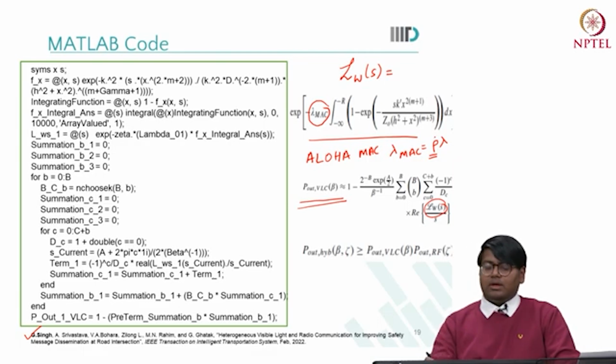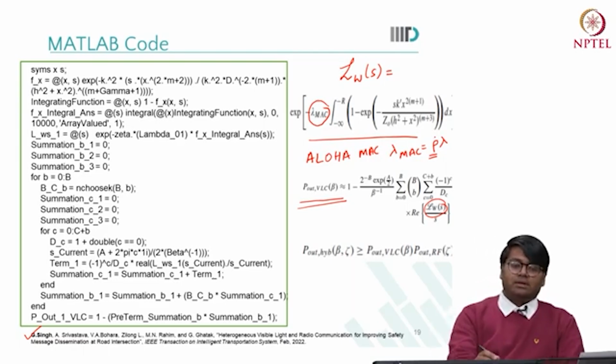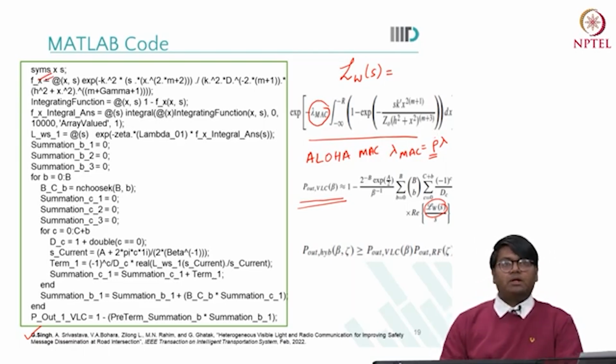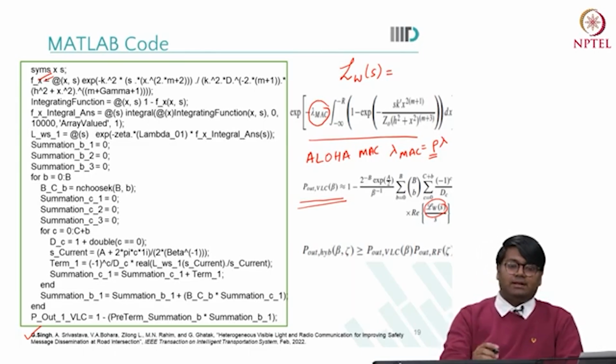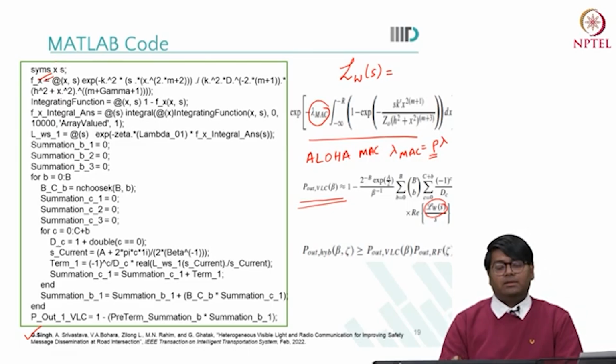Now, as done before, we can implement this Laplace transform of random variable W numerically in MATLAB using the syms function. We have already discussed the syms function in MATLAB. It is used to declare symbolic variables.